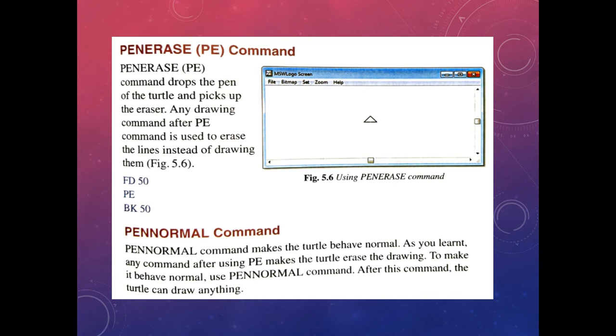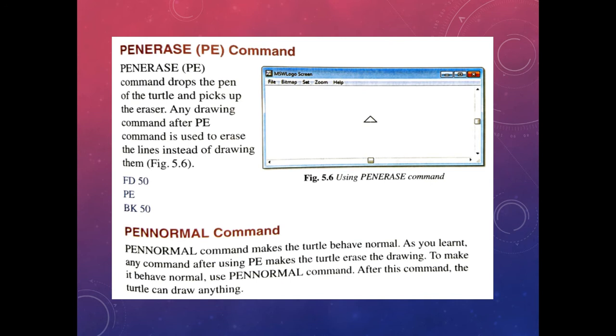So when the pen erase command has been entered, the turtle will throw that pen and it will pick up the eraser. Now it will work like an eraser. When you take the eraser, you erase the line or unwanted things.